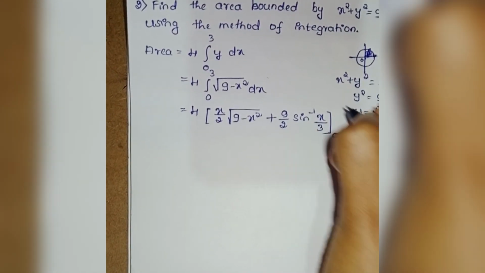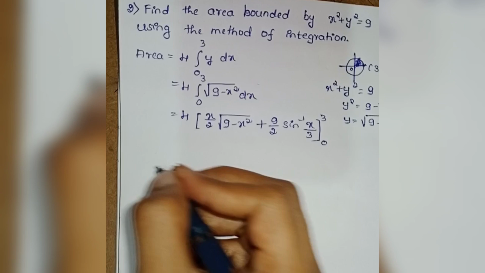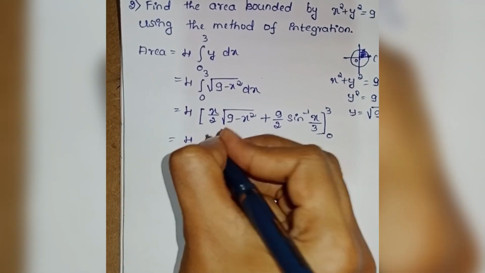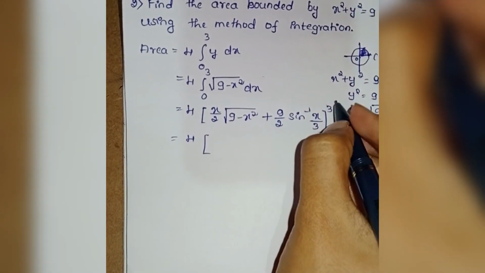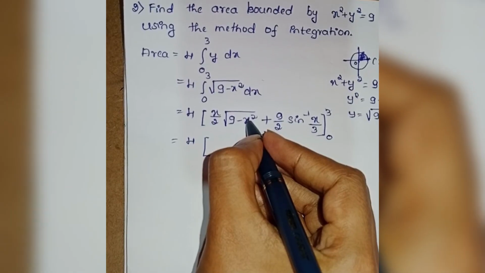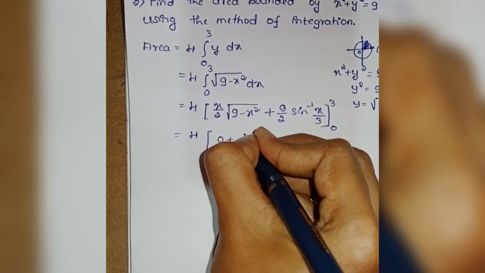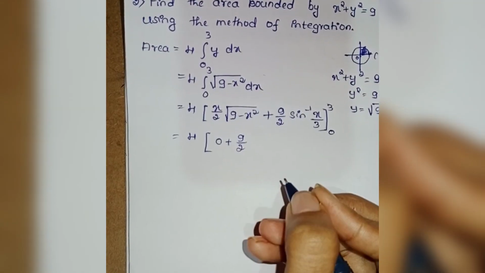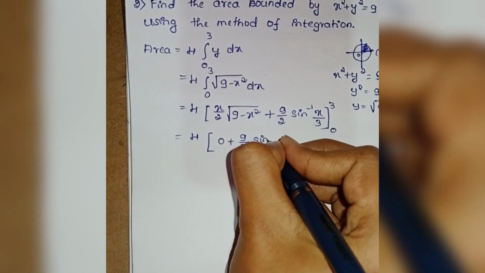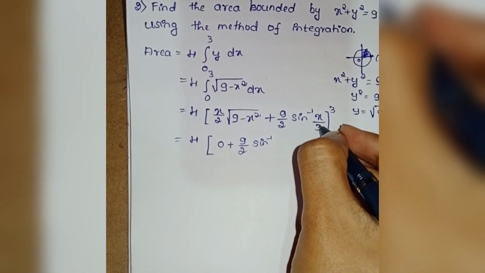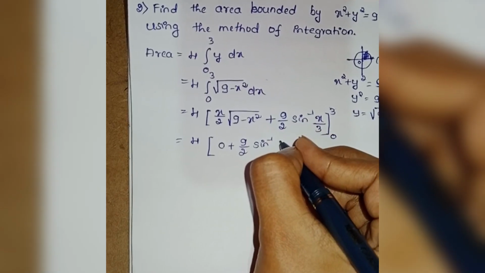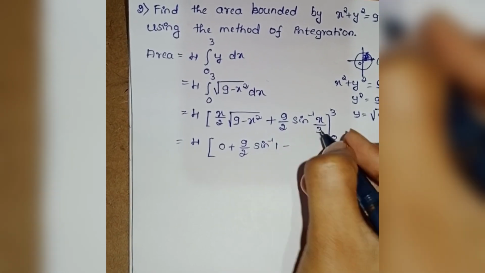So from where to where? 0 to 3. Apply the limit 4 times. Apply the limit x is 3 here, 3 square 9 cancelled, 0 plus 9 by 2 sin inverse of x by 3, that is 3 by 3, 1, minus lower limit.